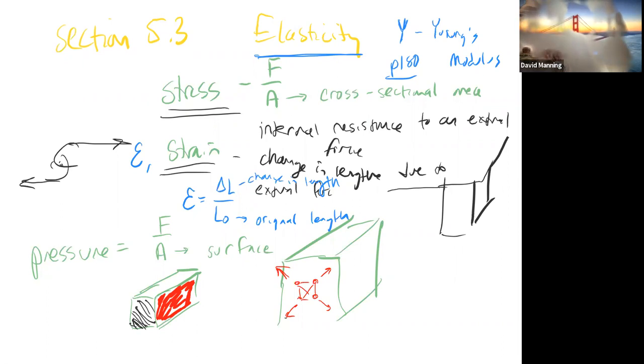So anyway, that's a little bit of background. All of these formulas go together in one formula, and we'll be using this formula to solve our problems today. Y equals F delta L over A times L naught.